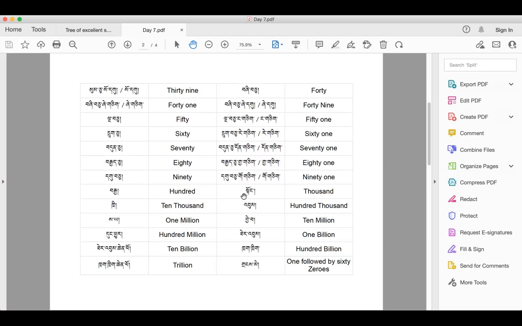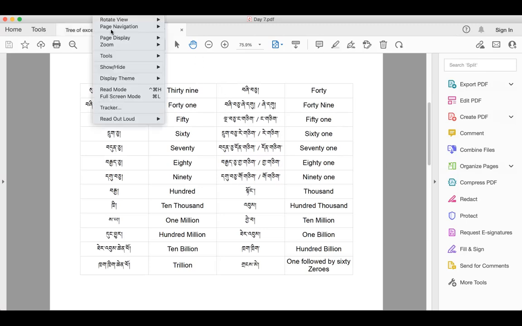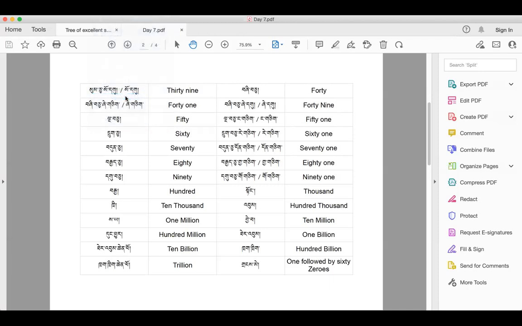So it was only tsa during the old translation. But during the new translation, for 20, it is nishu tsachik, 30, it is sumchu sochik, 40, it is shipchu shechik, 50, it is ngapchu ngachik, 60, it is trukchu rechik. So this is something that changed during the introduction of the new translation.